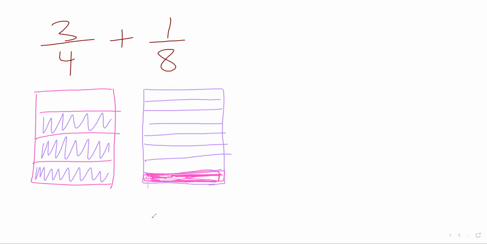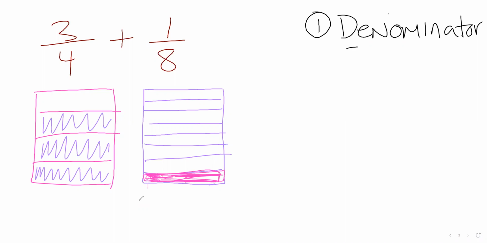So when we're doing this type of work, our very first step to adding fractions that have unlike denominators, or subtracting, the rules are the same, is that we always have to make sure that our denominator is the same.